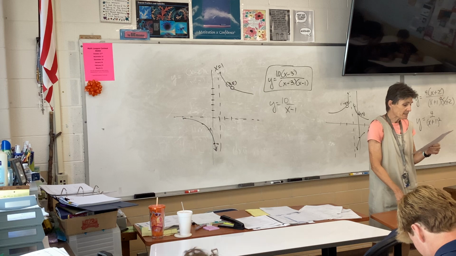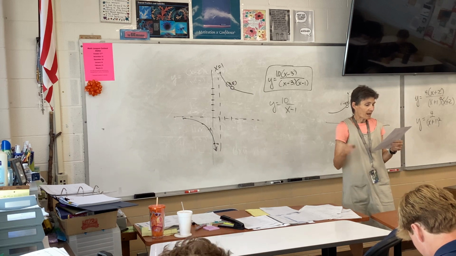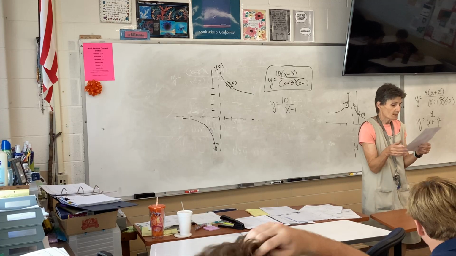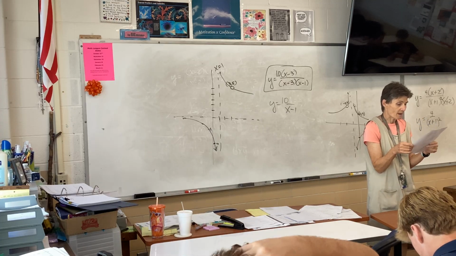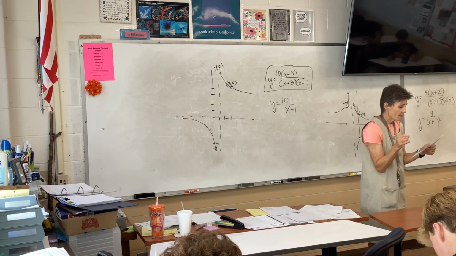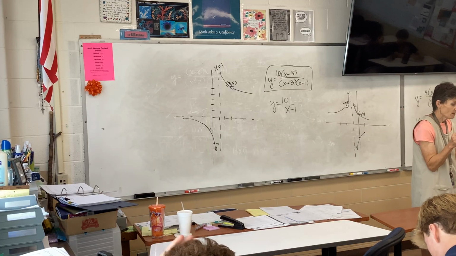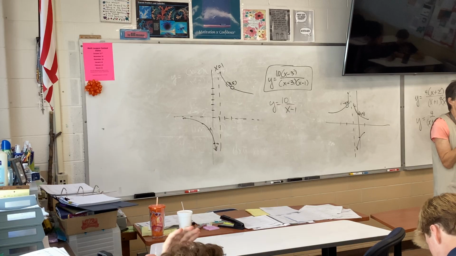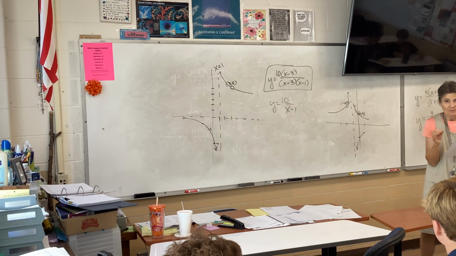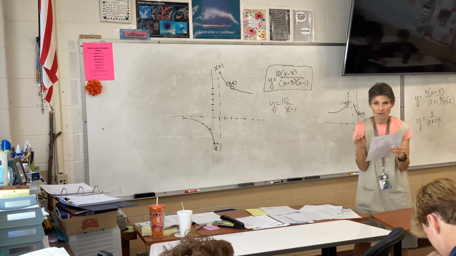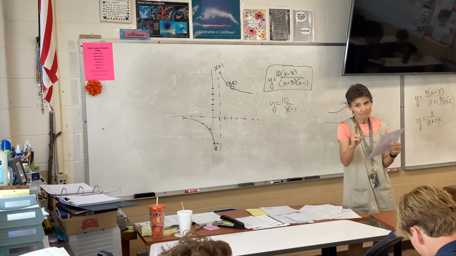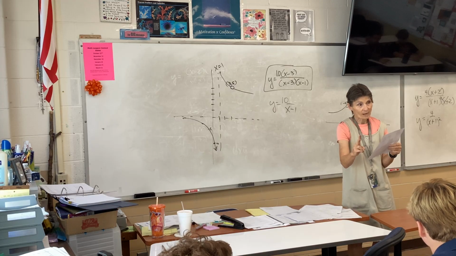So let me tell you why I think, I like to do the nevers first. Why do I think statement 2 is a never? If h of 2 is 0, then there's a 0 at 2. H is my denominator. If the denominator is 0, you're either going to have a hole or a vertical asymptote, right?